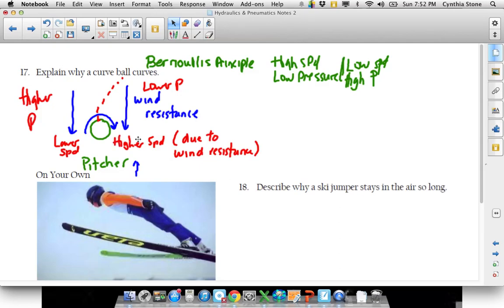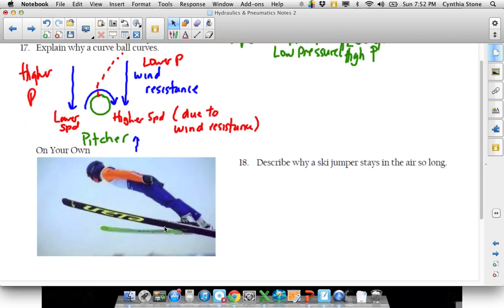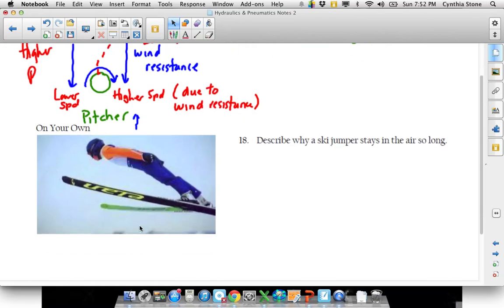So because of the higher speed, this will have lower pressure on this side and higher pressure where there's lower speed. And because of that, the ball will curve into the lower pressure. And that's how a curved ball curves. So use that same idea of Bernoulli's principle, the airplane lift, and everything else to think about the ski jumper here. Okay, and that's it.